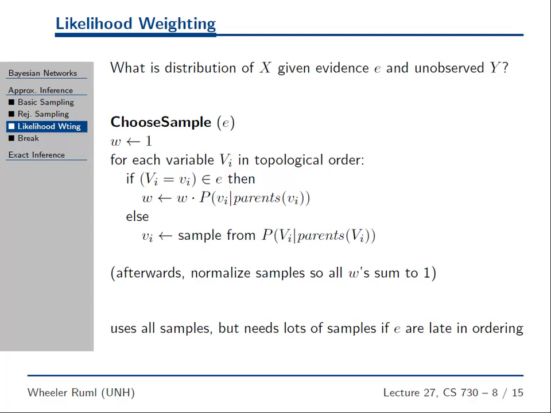So if this evidence is very unlikely, given certain configurations of the parents, those samples have less weight. But every single sample is meaningful now. Does that make sense? We're skewing the distribution, but then we're keeping track of how we skewed it and undoing it.